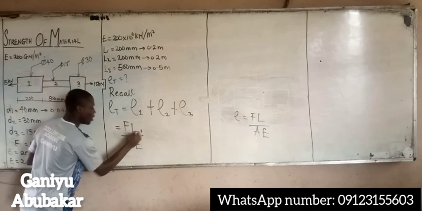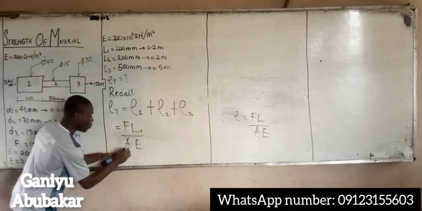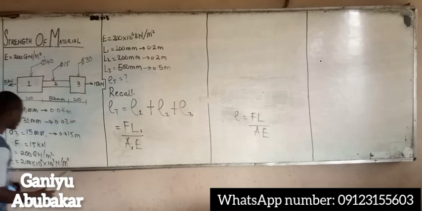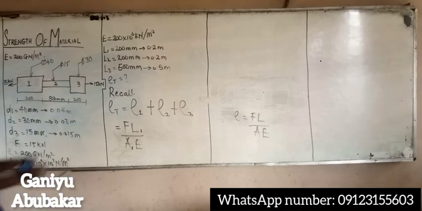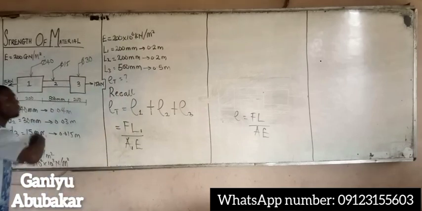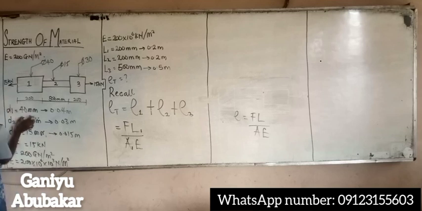But observe please, we use the length of section 1 and the area of section 1. Listen, for the force and the modulus, for each section I'm using the same force and the same modulus. But what changes is the length and the area.